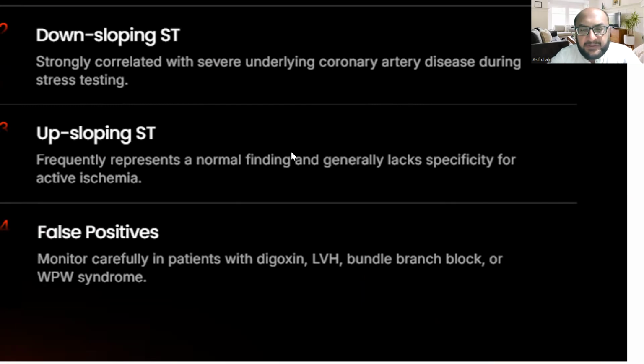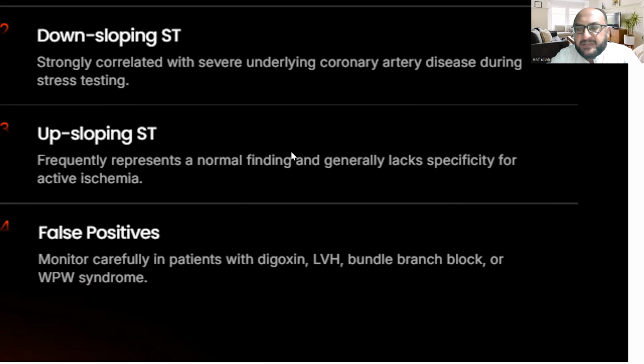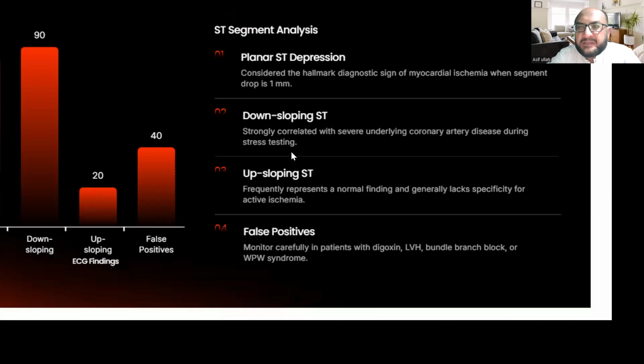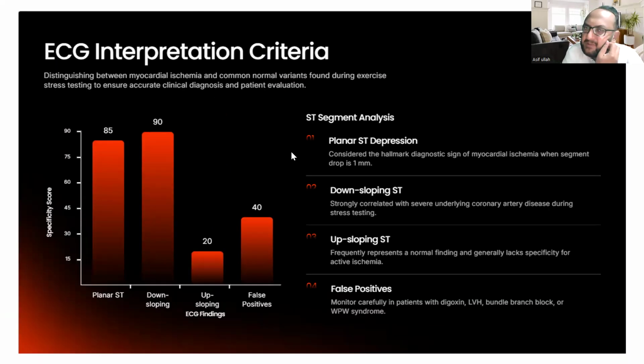However, digoxin, LV hypertrophy, bundle branch block, or WPW may be a cause of false positive ECG changes on exercise tolerance test. Why exercise tolerance test in a high probability setting?